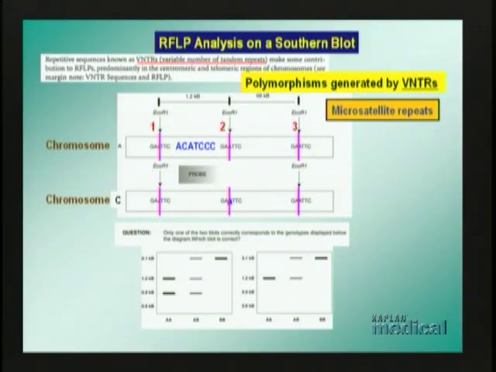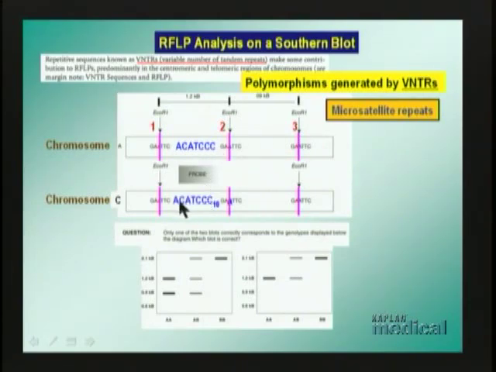Again, there are going to be other sequences of DNA between site 1 and site 2. But within site 1 and site 2, there's a sequence of DNA, ACATCCC. Now let's assume in chromosome C, that sequence of DNA is amplified 10 times in tandem.